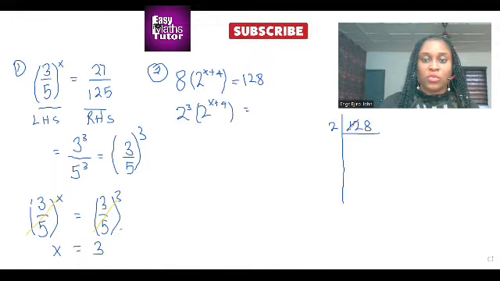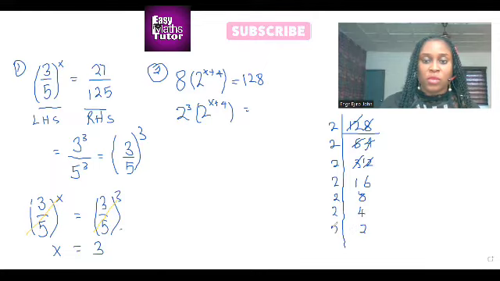So 2 goes into 128: 2 goes into 12 6 times, 2 goes into 8 4 times, 2 goes into 64 32 times, 2 goes into 32 16 times, 2 goes into 16 8 times, 2 goes into 8 4 times, 2 goes into 4 2 times, 2 goes into 2 once.